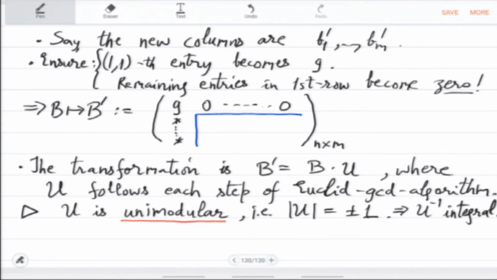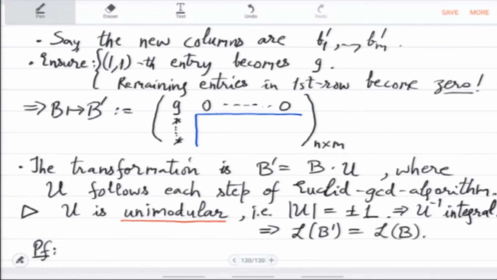So once we show this, you can see that the lattices of B prime and B are the same, because the matrix you are applying, its inverse is also an integral matrix, right? So any integral combination of vectors or columns of B corresponds to something in B prime and vice versa, right? Because you can multiply B prime with U inverse. So this will imply that the lattice generated by B prime is the same as the lattice generated by B.